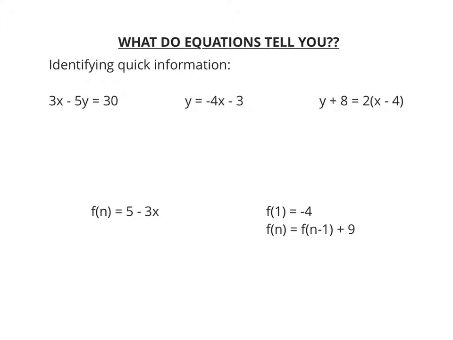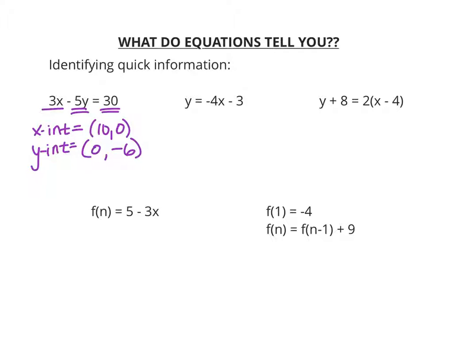Right away, without having to do too much work, I can see the intercepts. If I look at the x here, I know that the x-intercept, if I divide, is going to be 10. So I'll write that 10, 0. Then if I look at the y values with the other one, I know that the y-intercept comes from negative 5y equals 30, so the y-intercept is going to be negative 6. So I'll write that 0, negative 6.